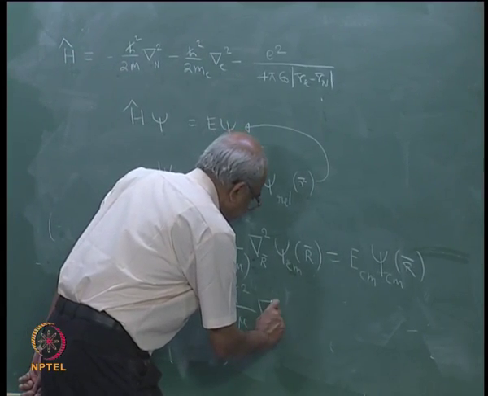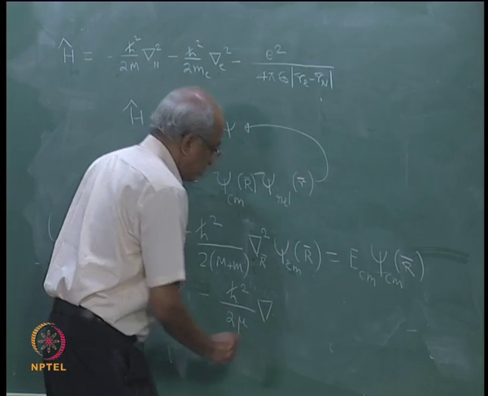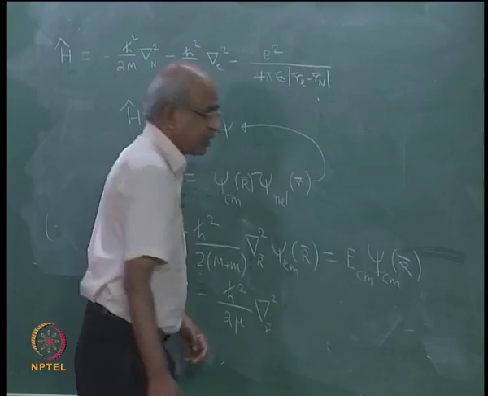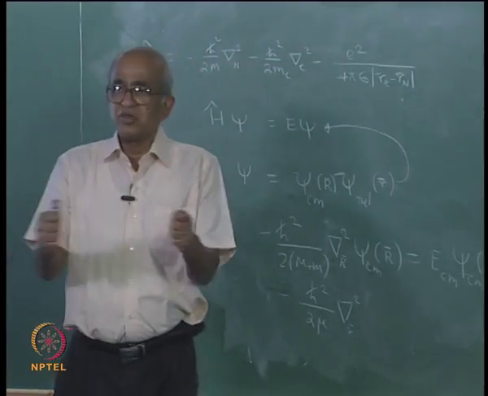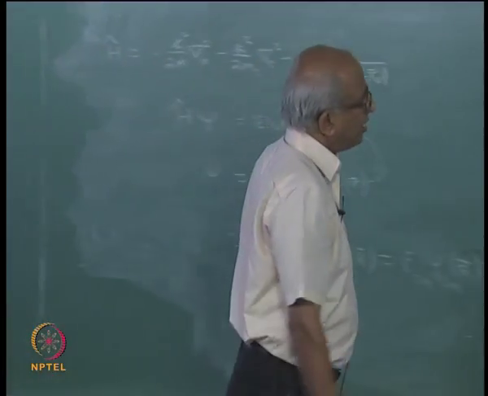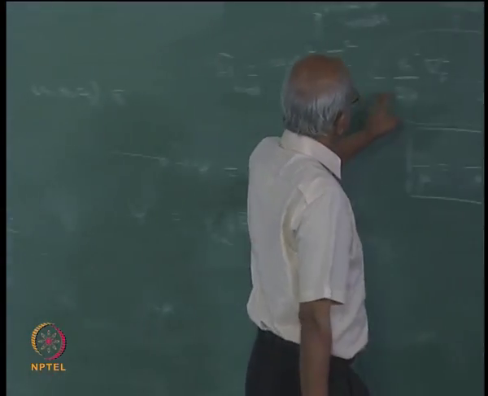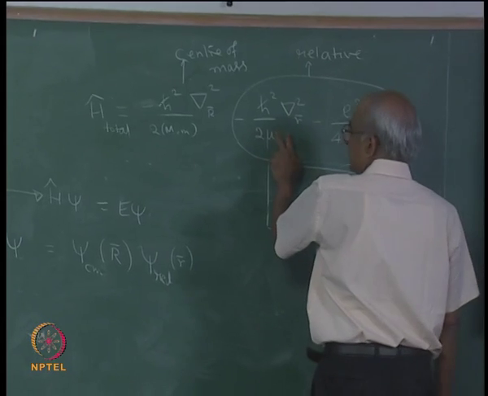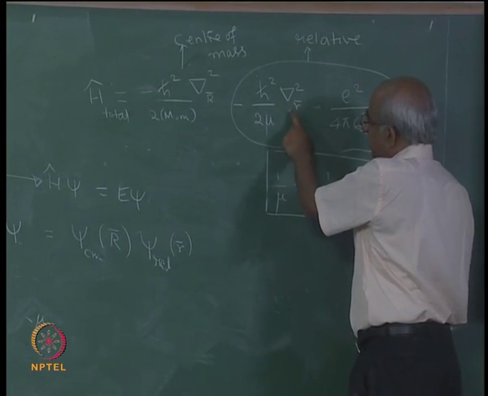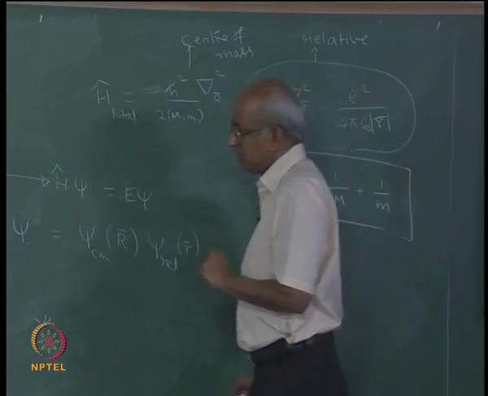Then I will have minus h cross square by 2 mu del r square. This is actually kinetic energy due to relative motion, that is where this comes from. And what is that part? It is actually this one. This is the one that involves relative motion, this is kinetic energy, that is potential energy.